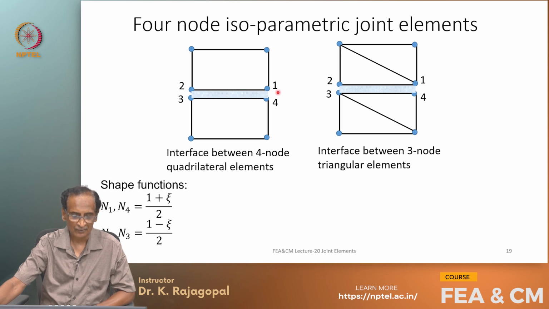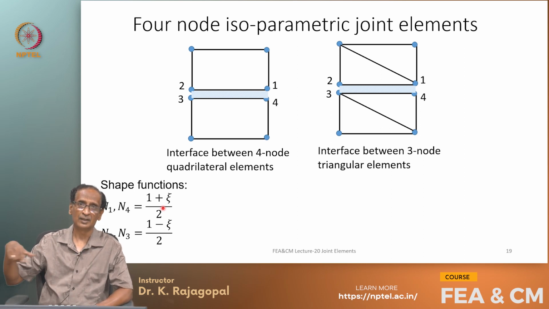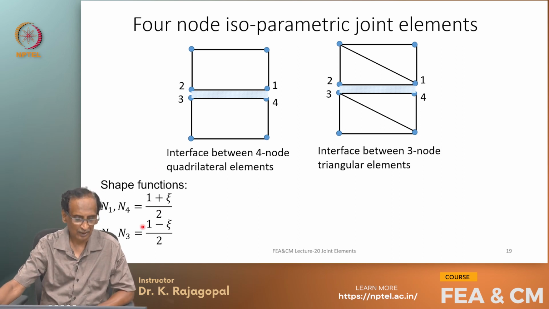In that case, we can have a 4-node interface, nodes 1, 2, 3, 4, and the shape functions or mapping functions for nodes 1 and 4 are (1 plus xi) by 2, because now it is actually a line element, and N2 and N3 are (1 minus xi) by 2.